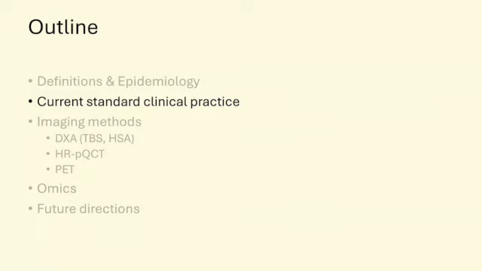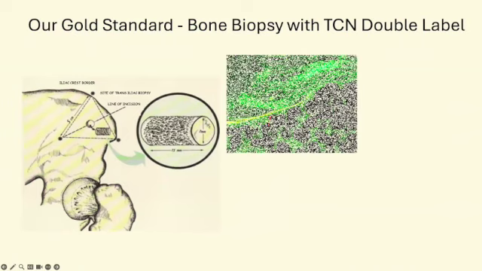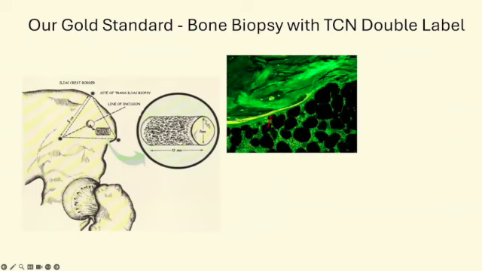So let's talk then about what we do currently in the clinic and what are the pluses and minuses of our current approaches. The current gold standard is bone biopsy with tetracycline double label. So we take a piece of bone from the iliac crest, and through the use of tetracycline, we can get really great information on bone dynamics.